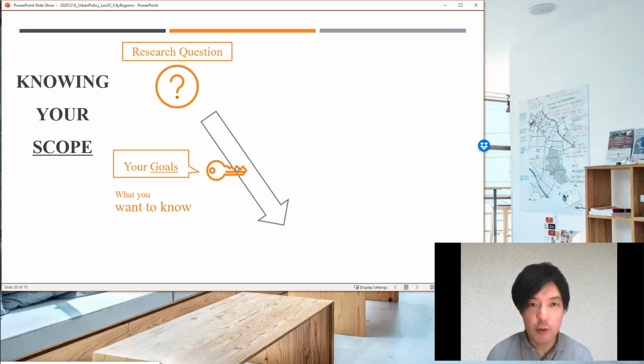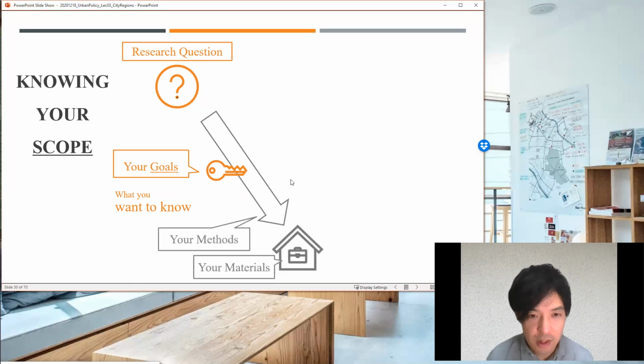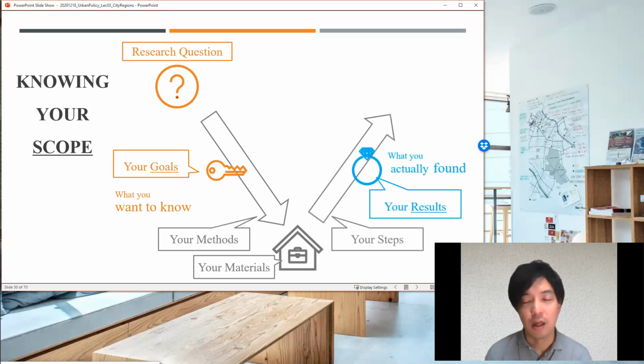But you cannot get to this goal directly. You have your goals in your mind, but the way to reach those goals is a long one. So you should use your method, you should use your materials, and you should follow your steps. And after that, as a result, you get what you actually found.